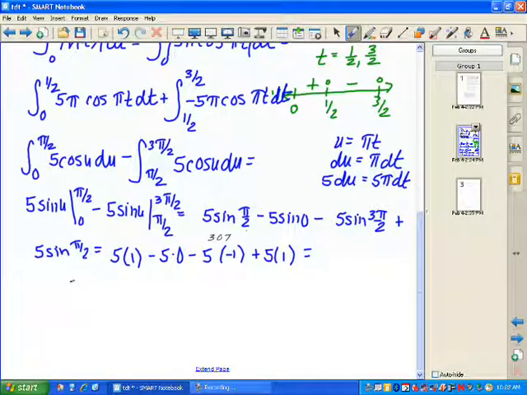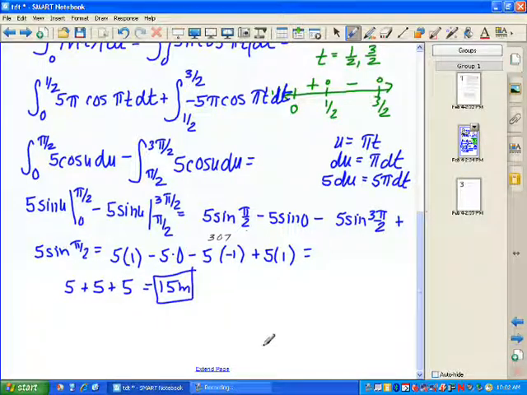Okay, 5 plus 5 plus 5. So total distance traveled was actually 15.